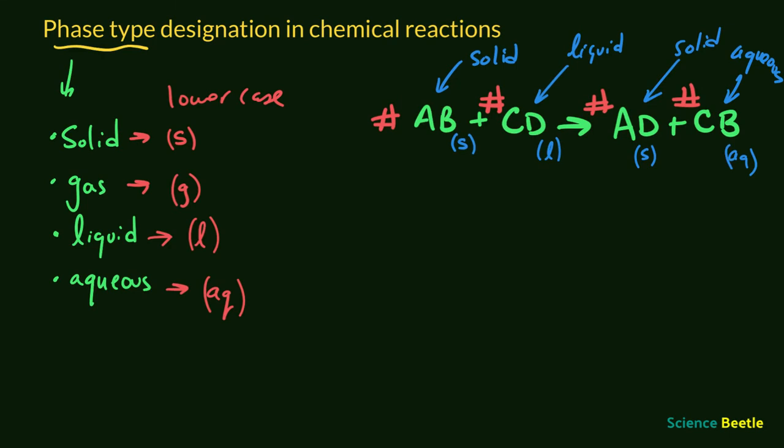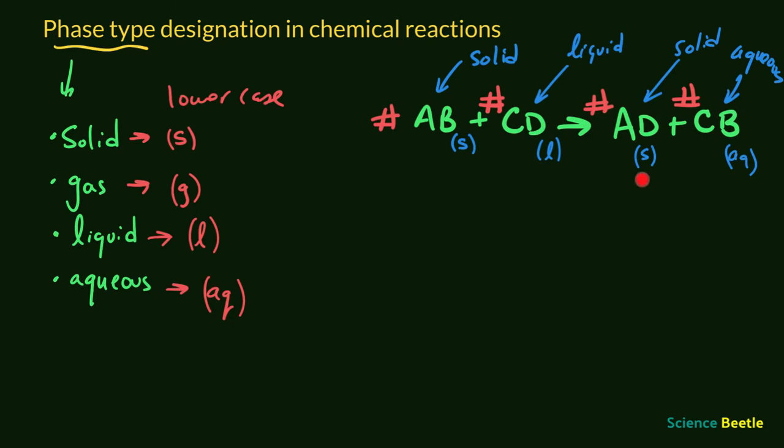Okay, and the reason we want to know this is because when we look at this reaction, the information that's provided to us is very informative. So we know that we're dealing with some solid. This could be crystalline, or it could be some kind of solid material that's beyond crystalline structure. And when we place this compound CD in solution, then we do know, because of the products that we're going to get, that there will be some kind of displacement.